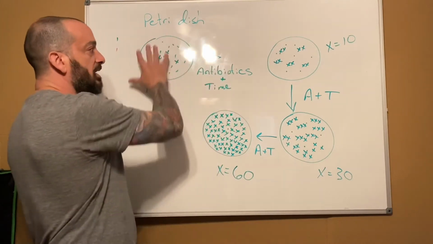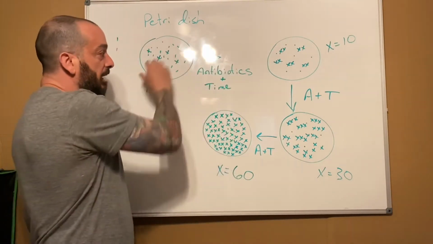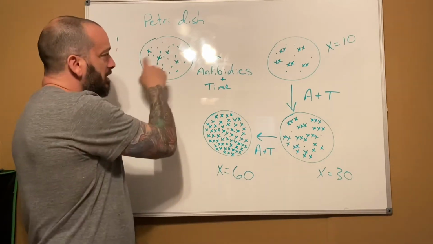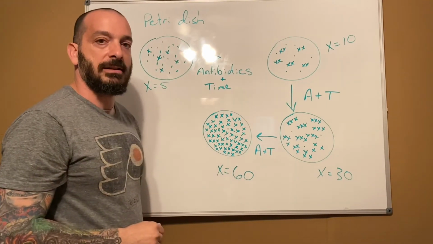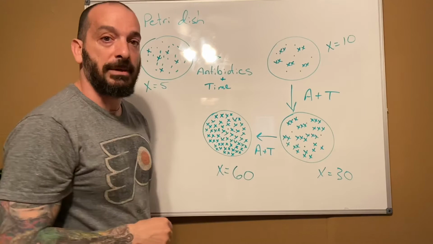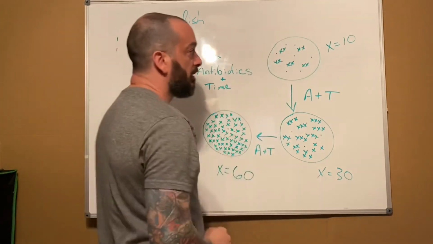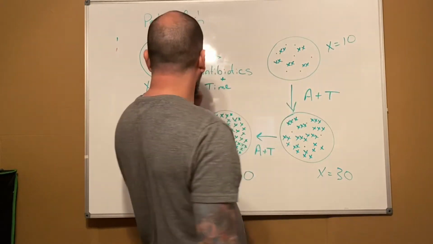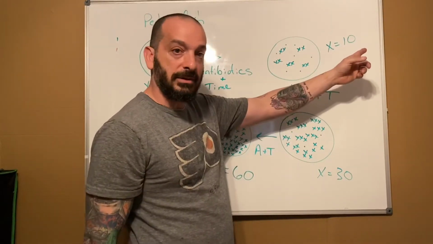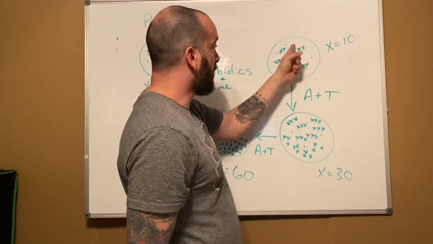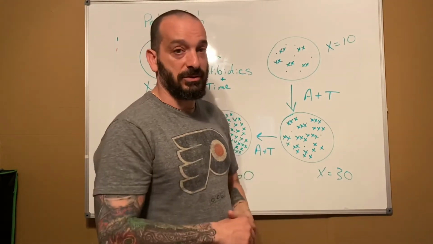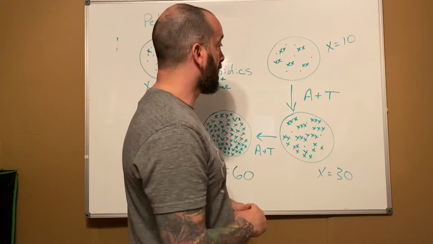So we've changed their environment by adding antibiotics. We've killed a lot of the bacteria, but the ones that are X's, that antibiotic doesn't kill them. So over time, they weren't killed by the antibiotics, and now we went from 5 to 10. They've all doubled, and we've reduced the number of the bacteria that is susceptible to this antibiotic.